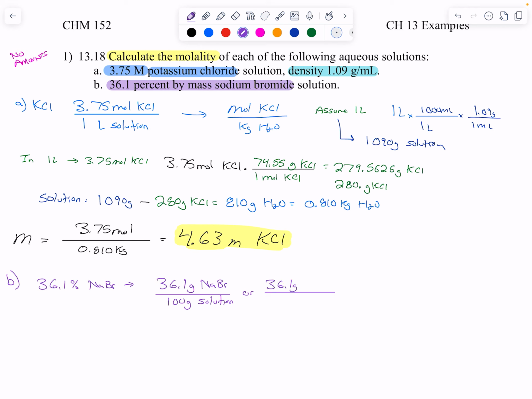And if I take 100 minus our 36.1, because the two substances in the solution would be sodium bromide and water, that would give me 63.9 grams of H2O.